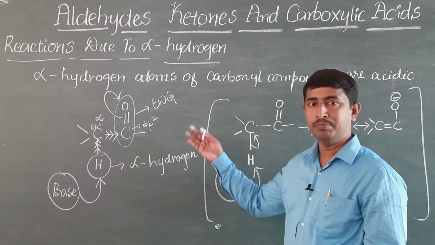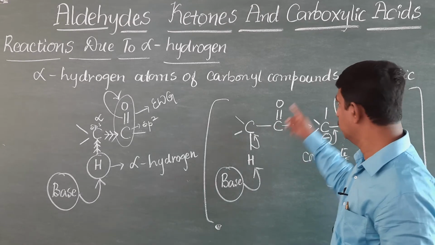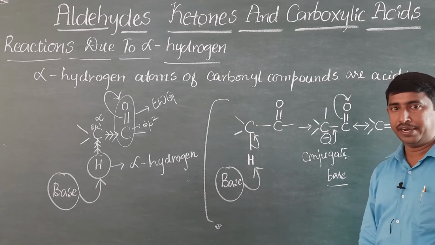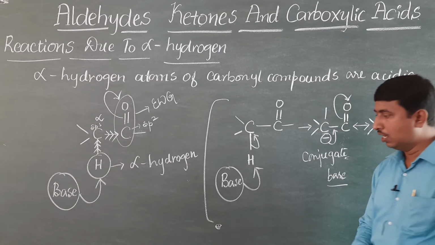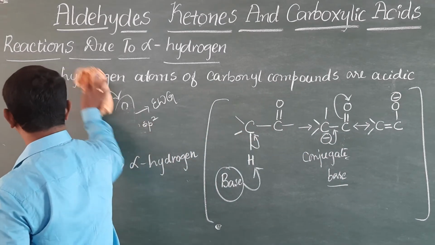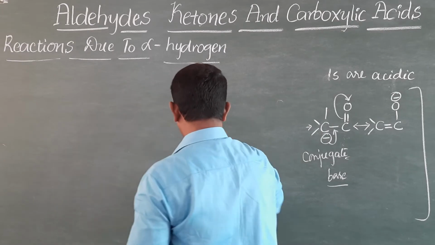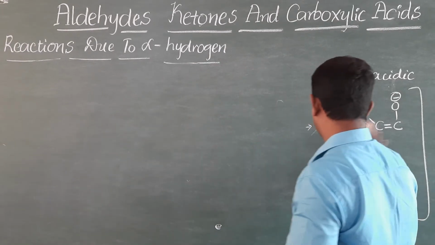Now we can take up the reactions of aldehydes and ketones due to the acidic nature of alpha hydrogen. Acidic nature of what? Alpha hydrogen. First reaction, a very important reaction.